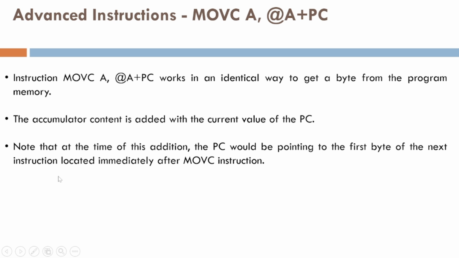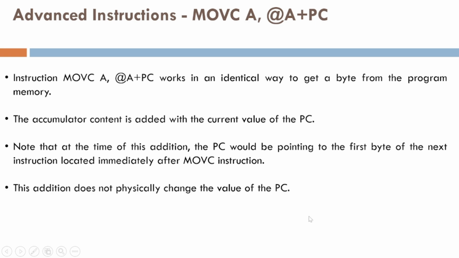Note that at the time of this addition of the content of the accumulator and the program counter, the program counter will be pointing to the first byte of the next instruction. So you'll have to be very careful in understanding how this particular instruction works. The addition does not physically change the value of the program counter.